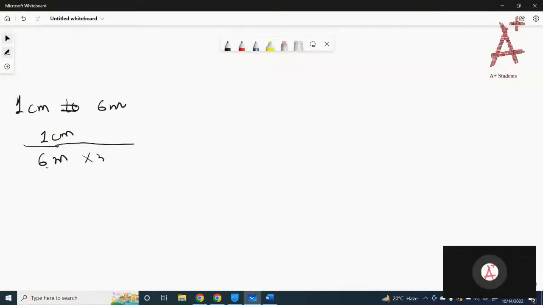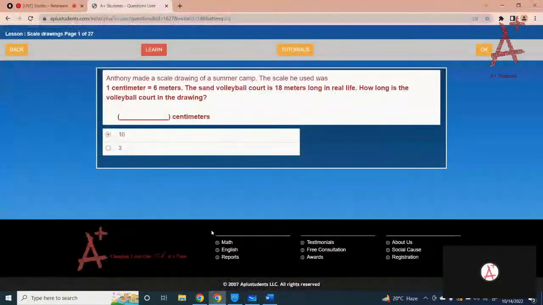So 6 times 3 is 18. So just multiply the numerator and denominator by 3. It would be 3 centimeters divided by 3 times 6, which is 18 meters. Got it? So that means if originally it is 18 meters, in the scale it would be 3 centimeters. Got it? So select the correct option and click on the OK button. Did you get it?